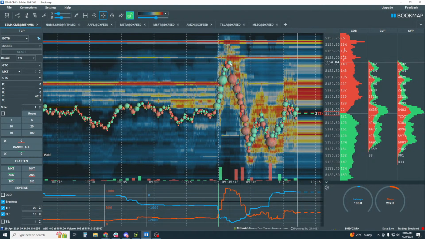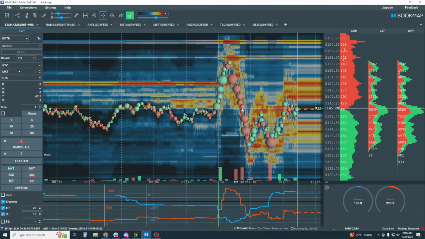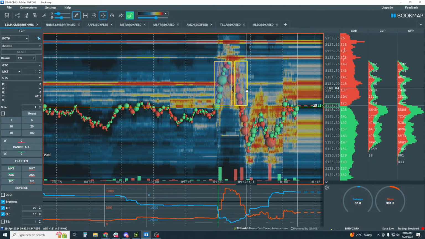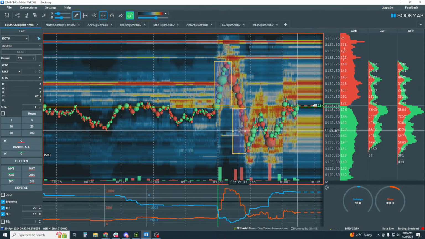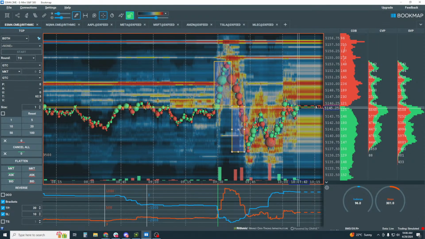It didn't make it into this liquidity, came right back down, right through it, all the way to the other side, an equal amount. If we measure that, it is just about exactly the same. And now it's fighting to get back through this horizontal line.